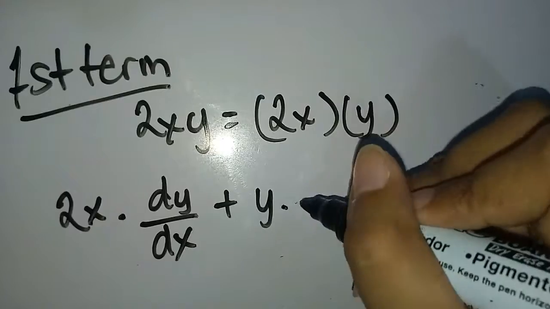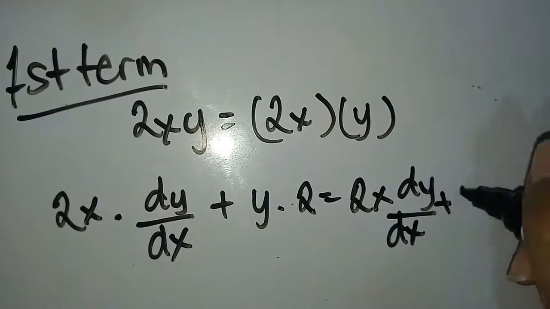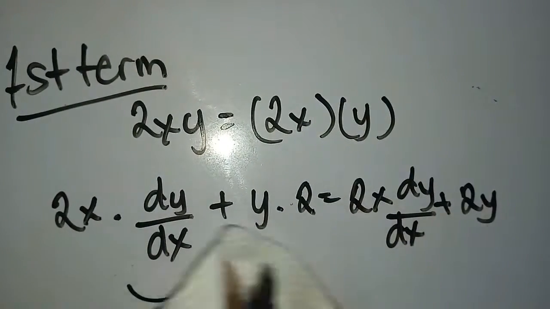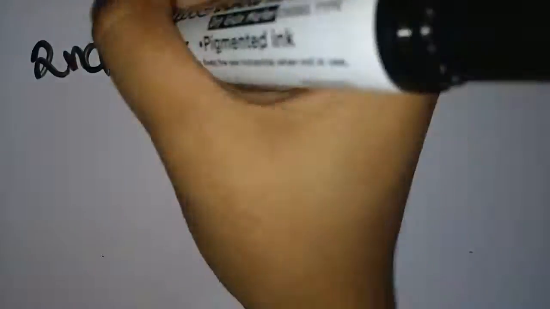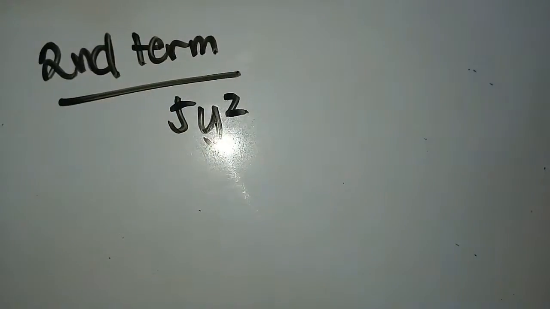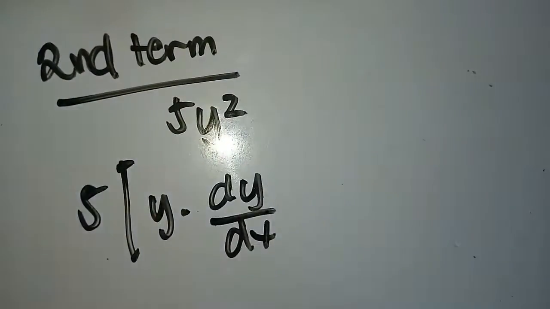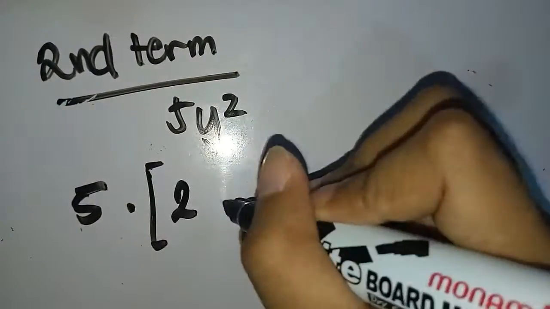First, differentiate the first term 2xy into 2x and y, and use the product rule. Second, differentiate the second term 5y squared.